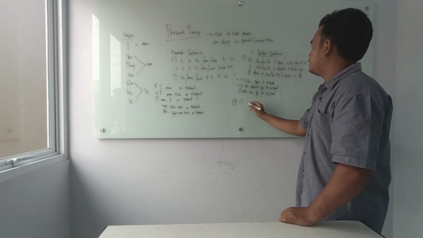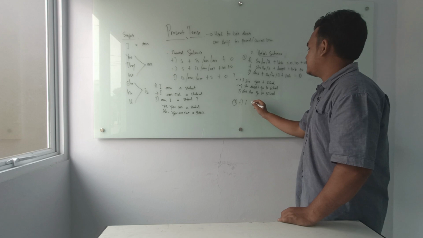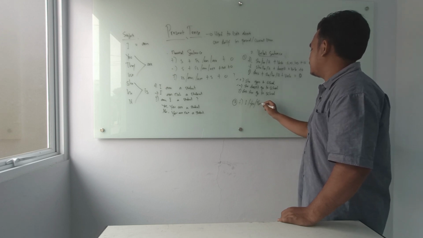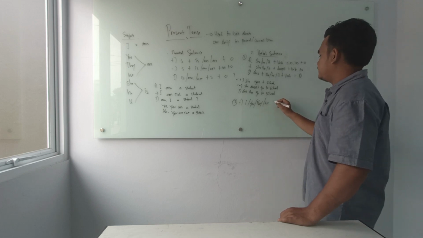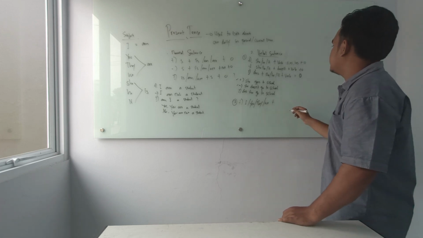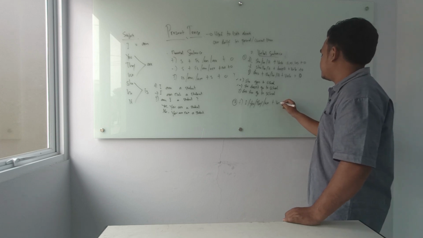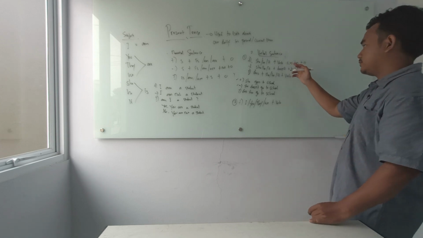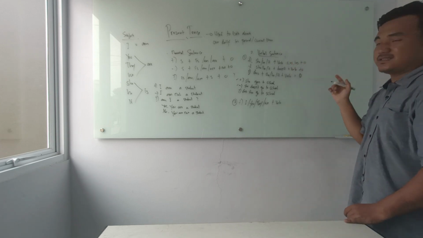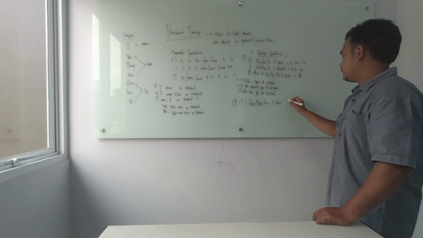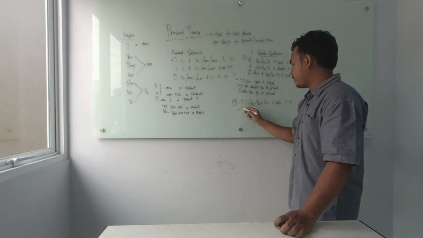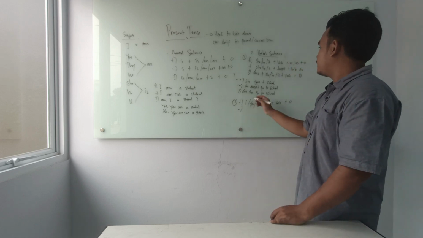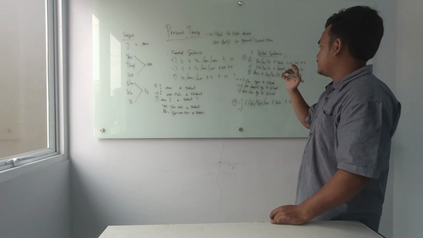In the positive form, we use I, you, they, we. Then plus verb here without putting s, es, or ies, right? And then plus object here. And then in the negative, we need don't here.